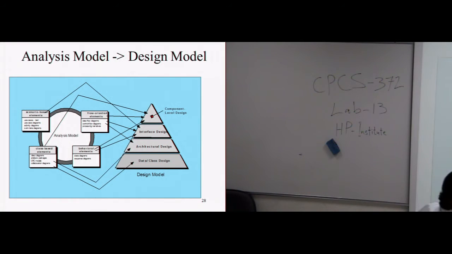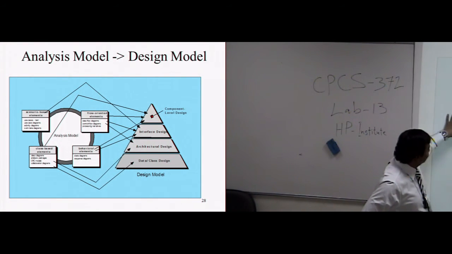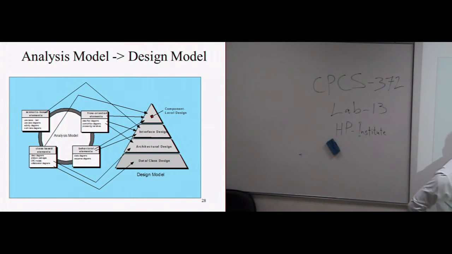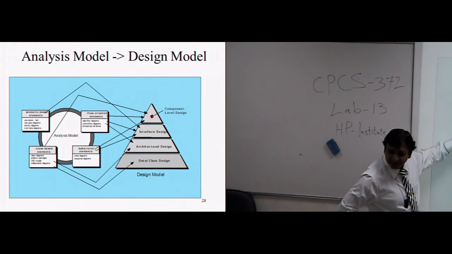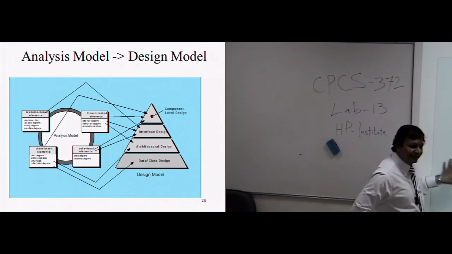During the analysis phase, you have the analysis model, and during the design stage, we have the design model. This is the analysis model. We have scenario based elements, flow oriented elements, behavioral elements, and class based elements. These are the four main things you need to consider for the analysis model.